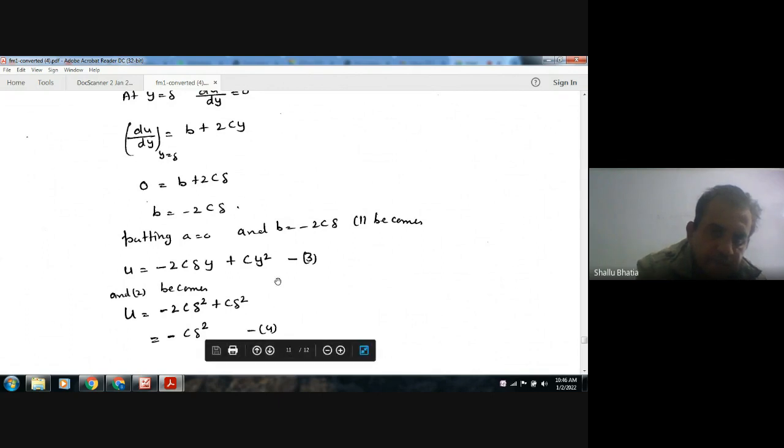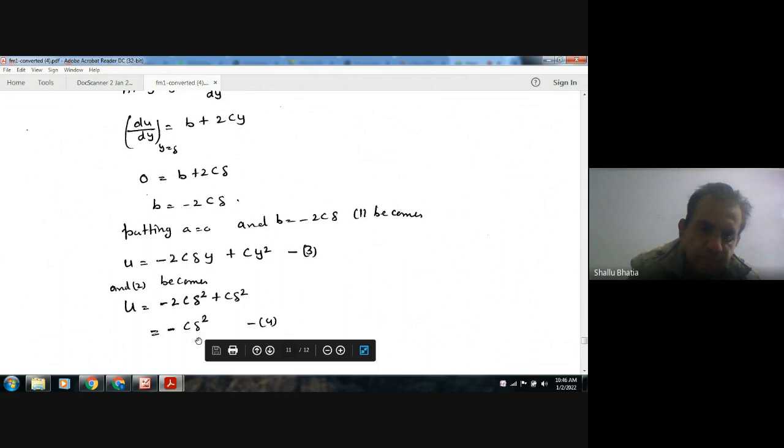So a is 0, b is minus 2c delta, and the equation becomes, putting the values of a and b in terms of c: u equals minus 2c delta y plus c y square. So capital U becomes minus c delta square. So see question number 4.